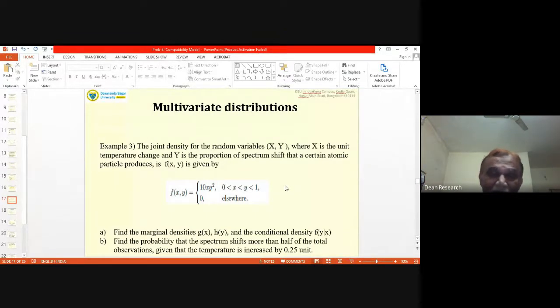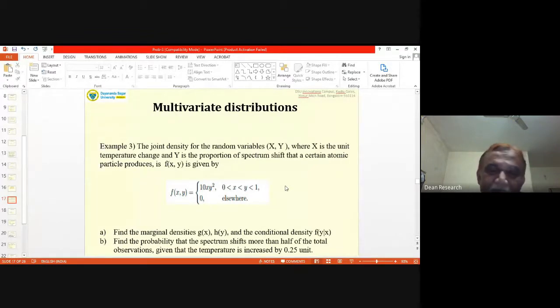Okay, it is quite simple. First of all, you have to get g of x and h of y. Once the modeling is done using the formula that is given for the joint probability density function, you'll have to take recourse to integration to get g of x and h of y. That's all that should be done. Then the second one is quite simple.